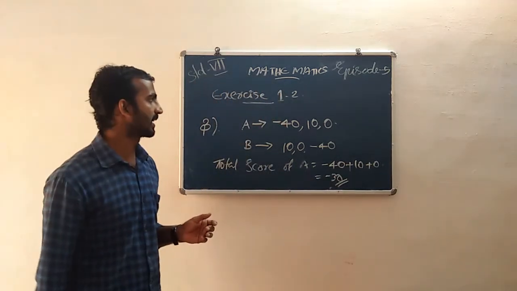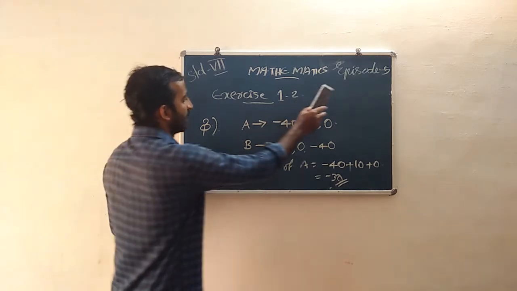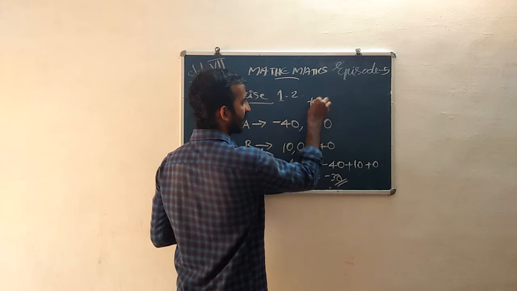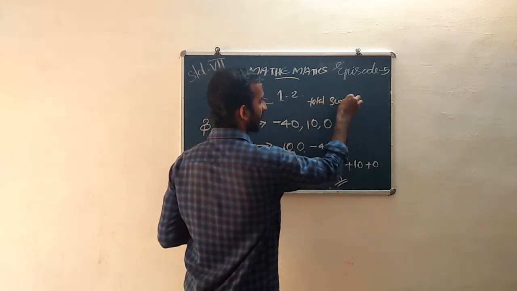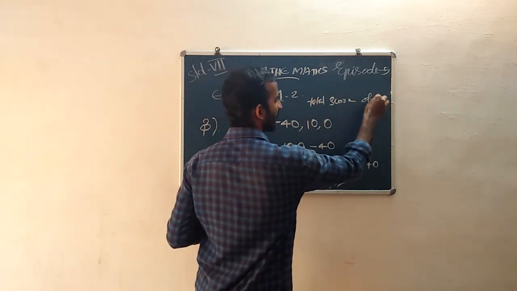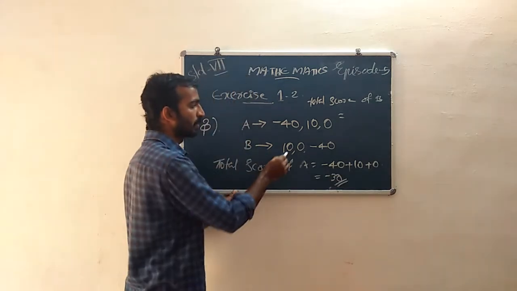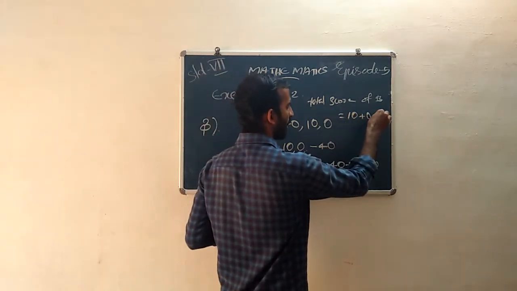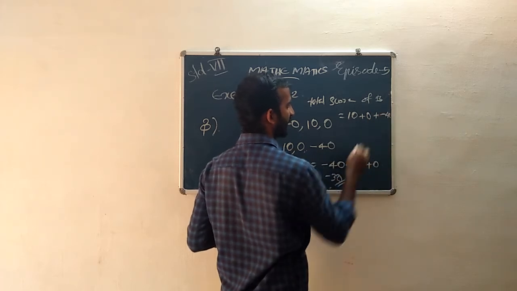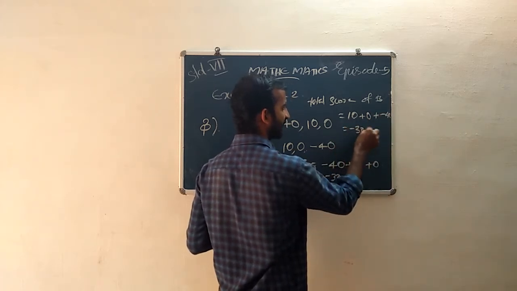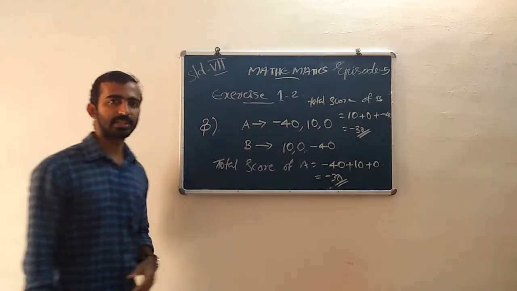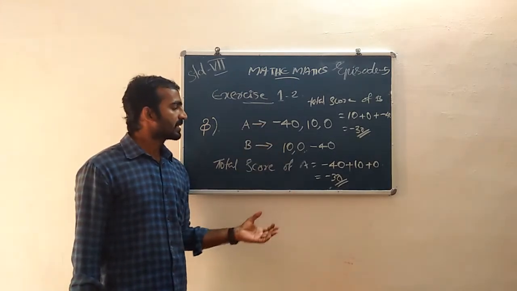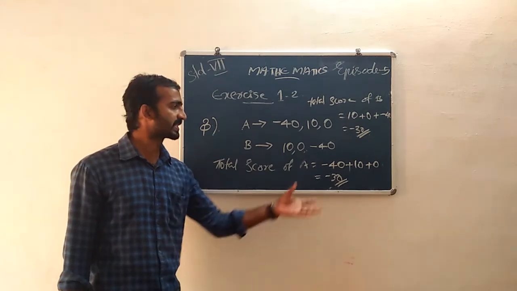Then the total score of B: we add these scores, 10 plus 0 plus negative 40. We get negative 30. That is, teams A and B scored equally, the same points.